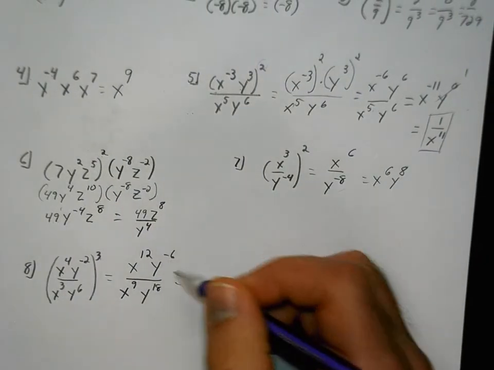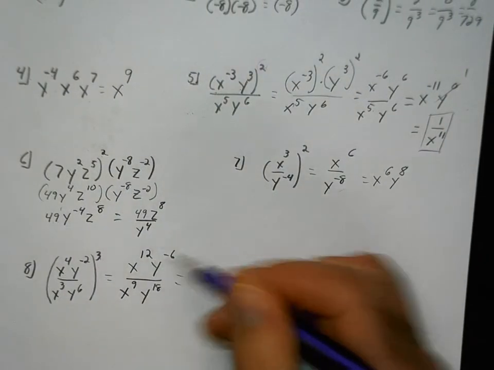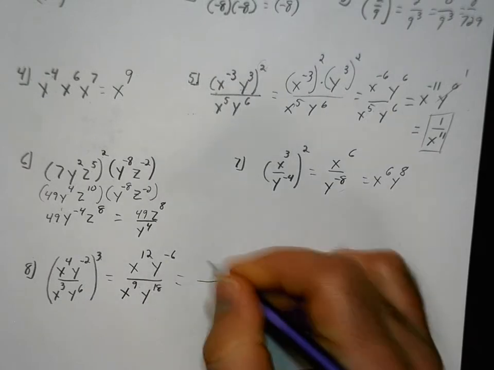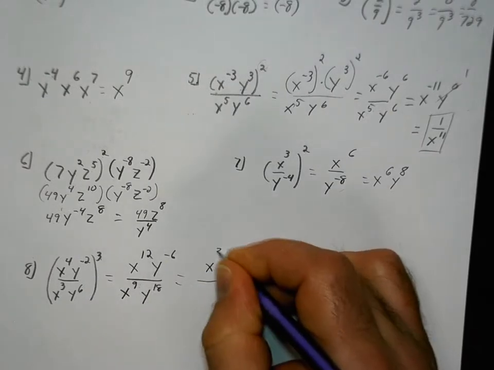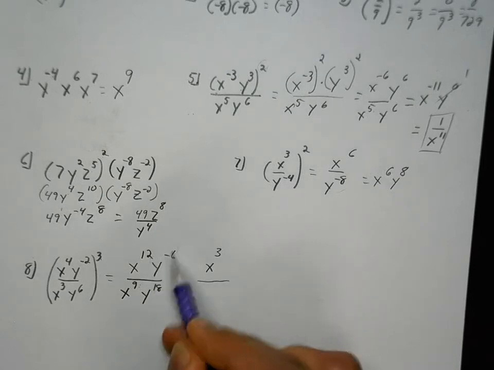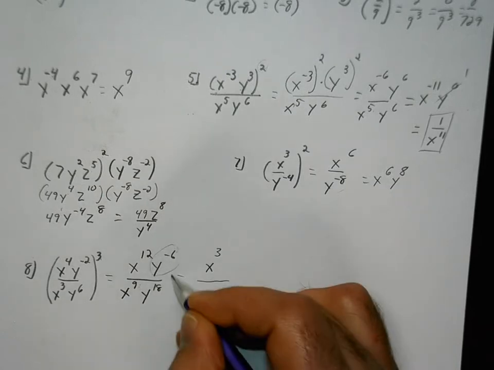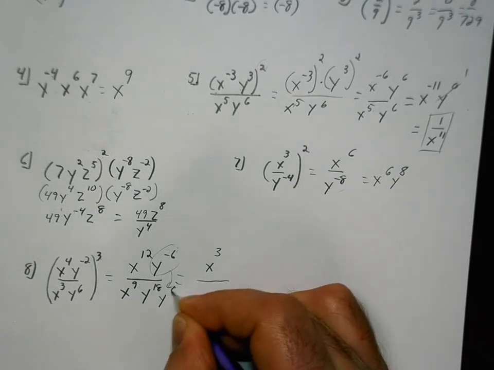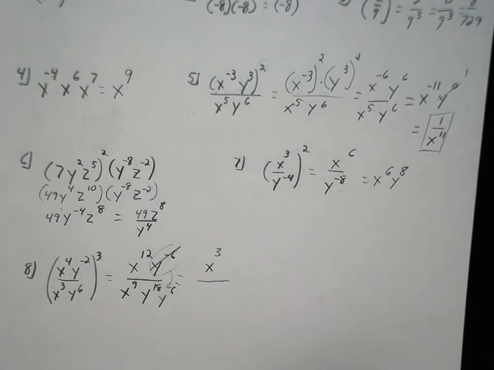Okay, so now we subtract. Now again, here's another way to approach this. We can subtract these. 12 minus 9 is x to the 3. And we could actually take this, and we know this is going to have to go in the denominator. So we could write that as y to the 6th down here.